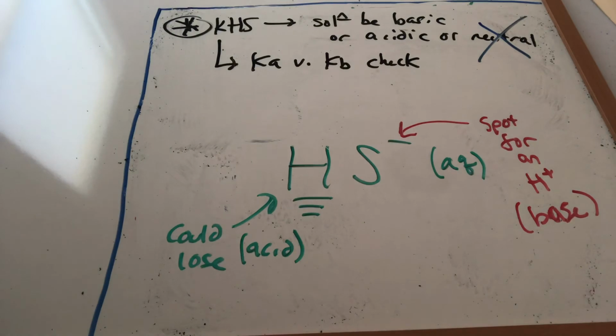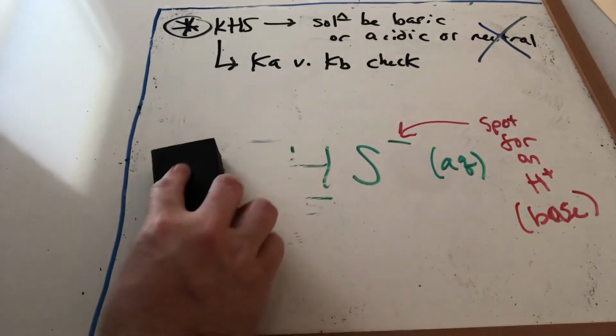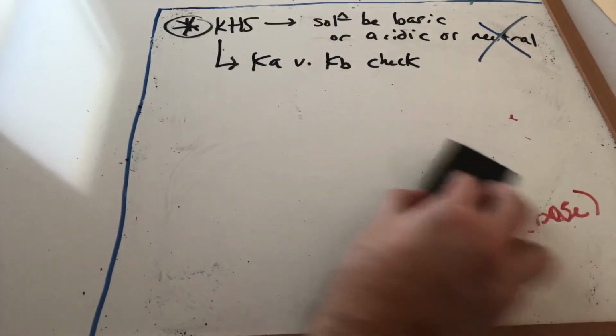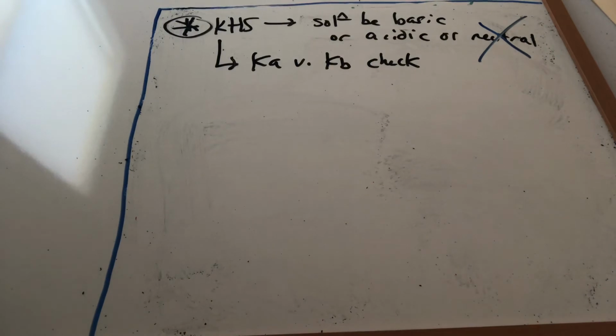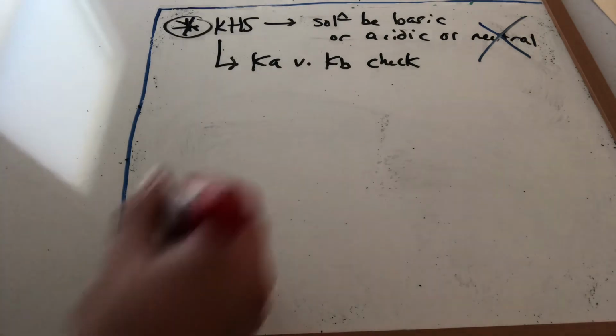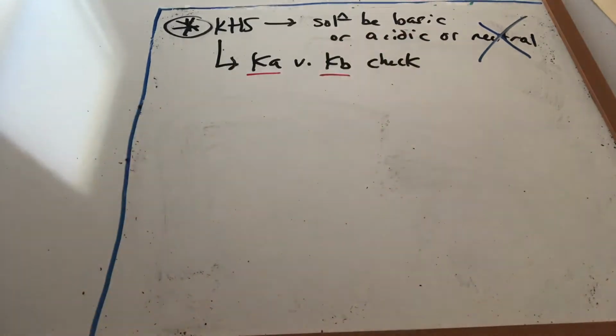Now please pay attention, because it's one of the things that really confuses students. But here's what we're going to do, especially as we're learning it every single time. Once we identify that we have one of these species that could be an acid or could be a base, we've already decided that we don't know at the top of our problem, so we get to check Ka versus Kb.